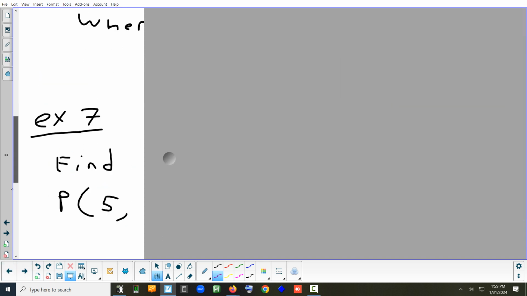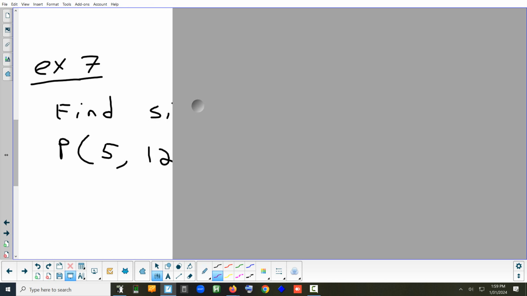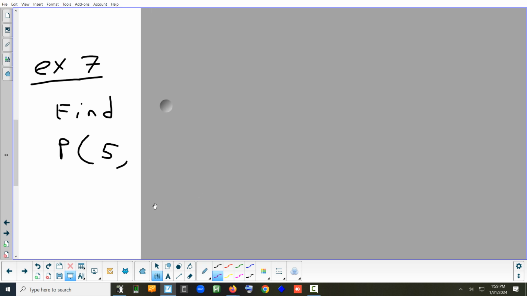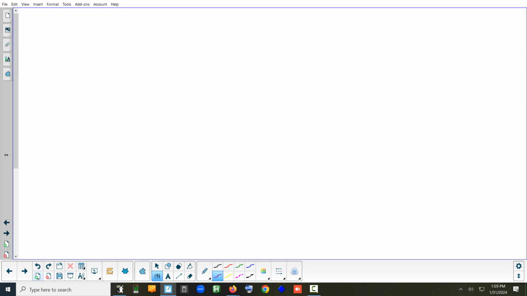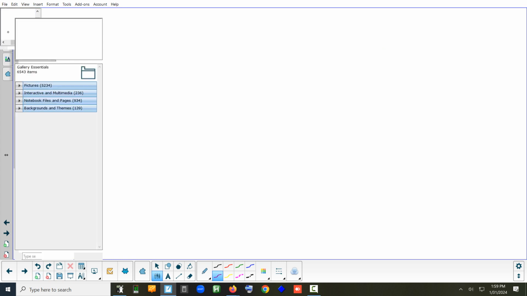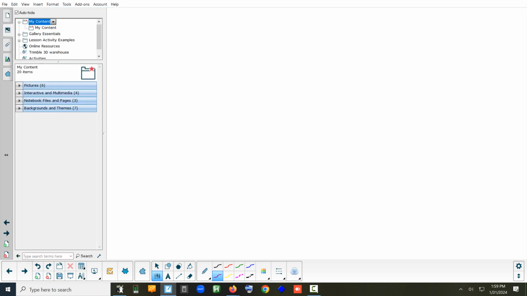I'm going to ask you about the point (5, 12). I'm going to ask you to do something with the point (5, 12). Now, think about the point (5, 12). Let me put a grid up. And I want to look at that coordinate.